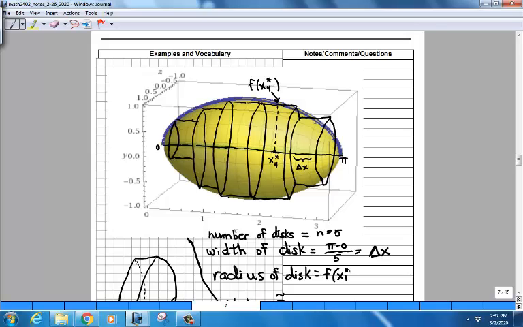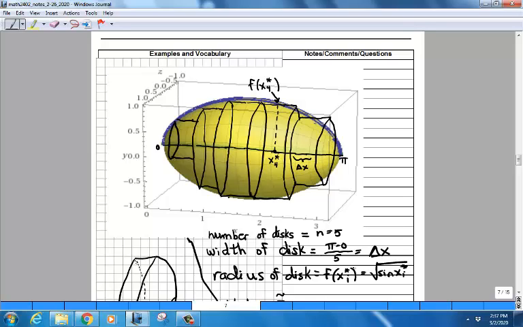That's the square root of the sine of that x value. Let me use an i for the subscript, because you have different subscripts. This i can go from 1, 2, 3, 4, 5. But you calculate that radius the same way, by plugging that x value into the sine and taking the square root.